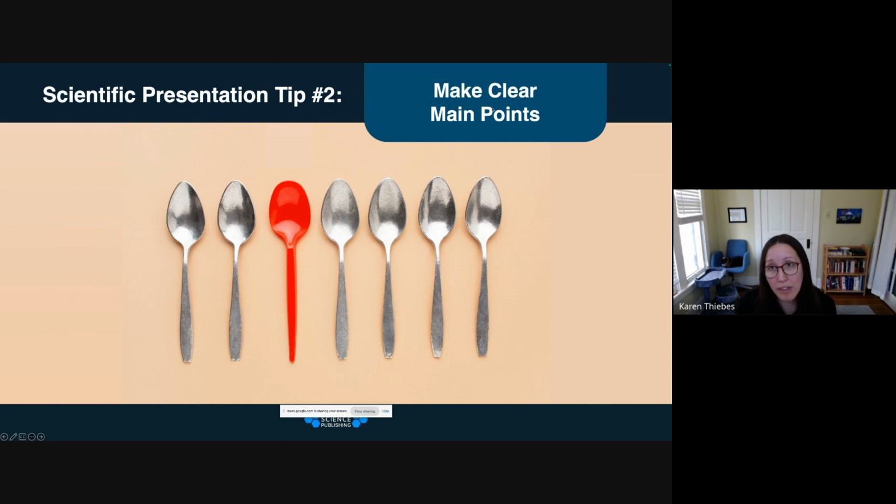And another important thing here, in making clear points, when I'm looking at all of these spoons, I'm looking at the red one. So it's perfectly fine to use color to draw the attention of somebody's eye to whatever is the main point. Let's say you had a graph and these were all bar graphs and you wanted to highlight a difference.